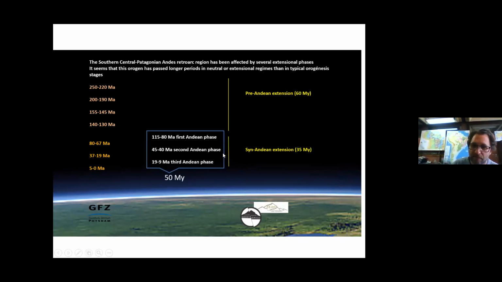And the time, which is interesting, is that the syn-Andean extension comprises approximately 35 million years, which is in the order of magnitude of the time that is comprised by contractional deformation. If we sum the pre-Andean phases and the syn-Andean extensional phases, we have almost 100 million years, which is at least two times the time of growing, of contractional deformation.